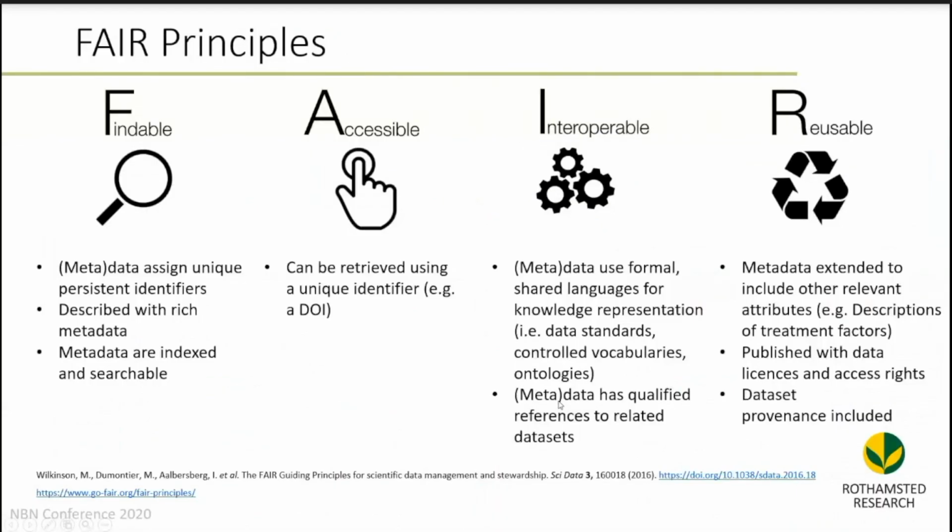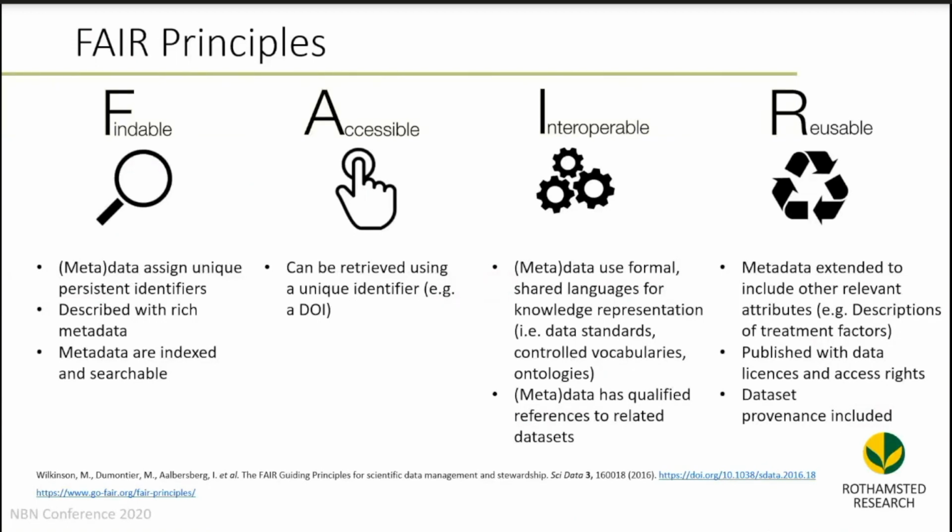Well, if we go back and look at the FAIR data principles, there's 15 core guidelines. You can go away and look these up, but very briefly, it's doing things like assigning a unique persistent identifier to your data, so something like a DOI. It's making sure your data are described with a rich set of metadata, and crucially, this metadata is machine readable and can be indexed, and if it can be indexed, it's searchable, so people can find your data.